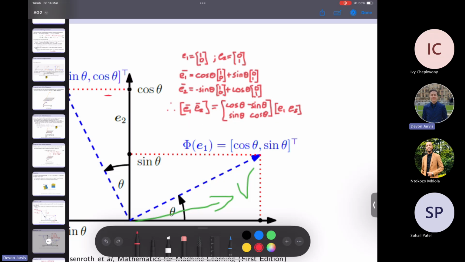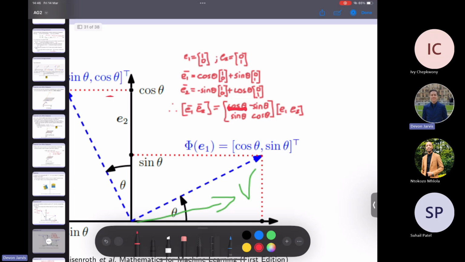Okay, and when you do that, you get this format here, which is cos on the diagonals, and then minus sine on your off diagonals. Okay, and that is the idea of where this derivation of your rotation matrix is coming from.